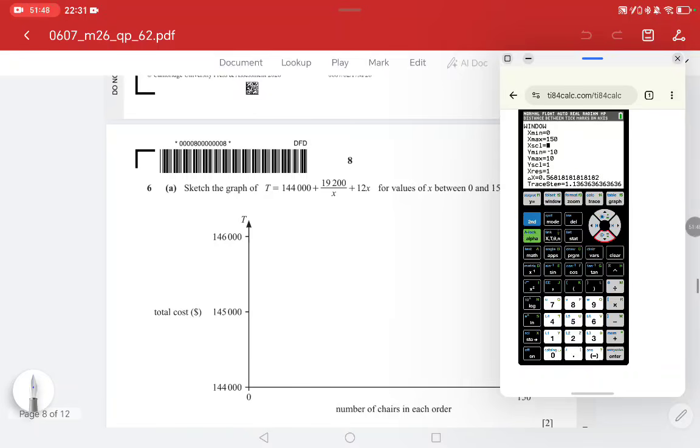Okay, it's fine. And y, you discover that y is from 144,000 to 146,000.